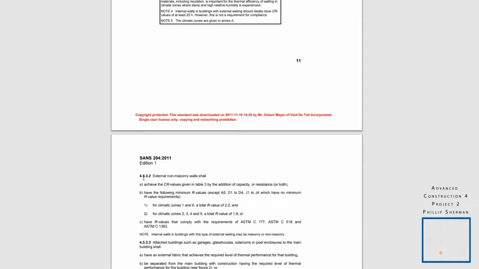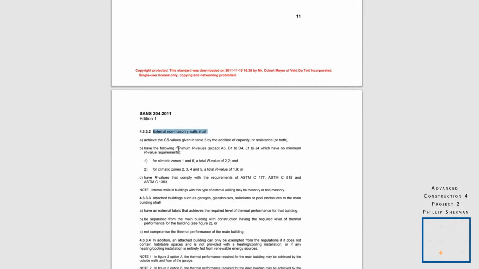So for 0.3.3.2, external non-masonry walls shall achieve the CR values given in table 3 by addition of the capacity or resistance or both, and have the following R values, except for climatic zones 1 to 6, for climatic zones 2, 3, 4.